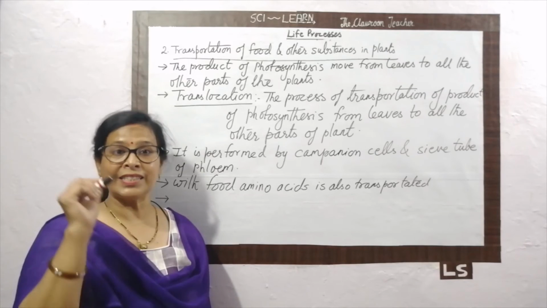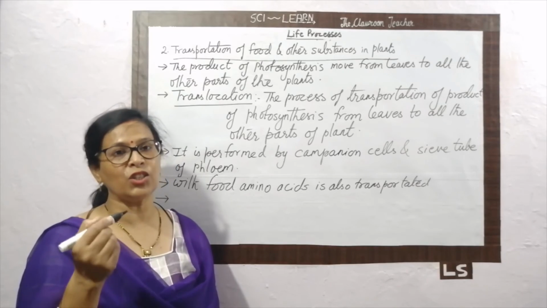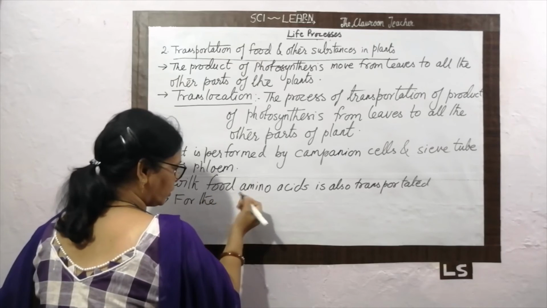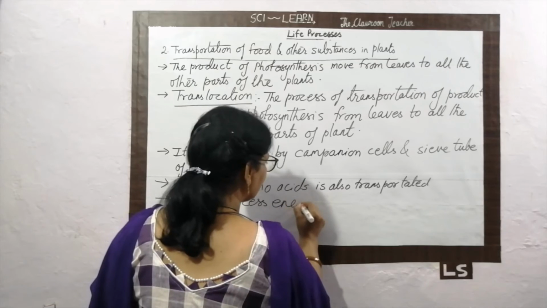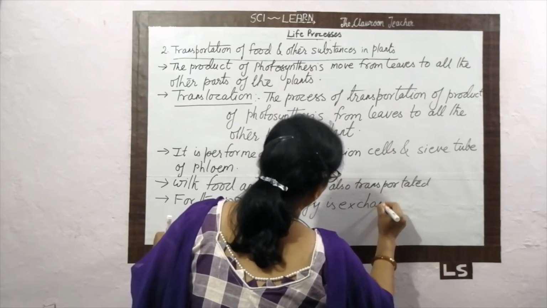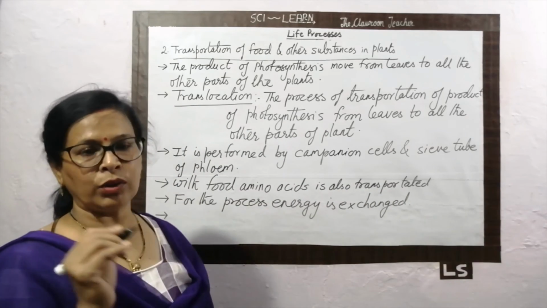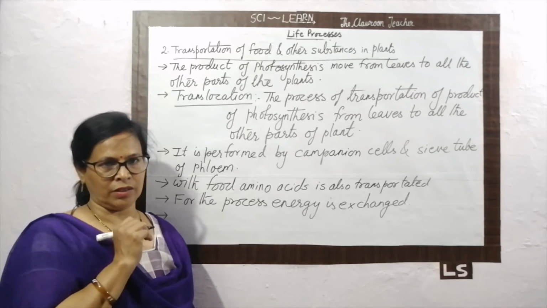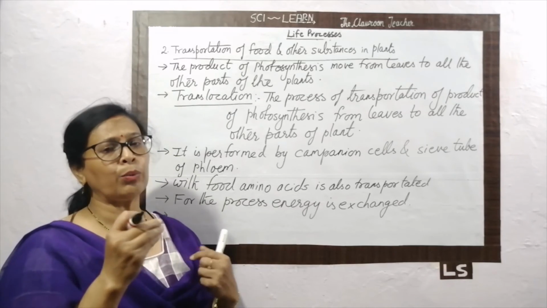In this process, exchange of energy is going on. The process needs energy. Without energy, this process is not performed by the plant. So this is the process of loss of energy. And the transportation of food materials does not occur in an equal amount.